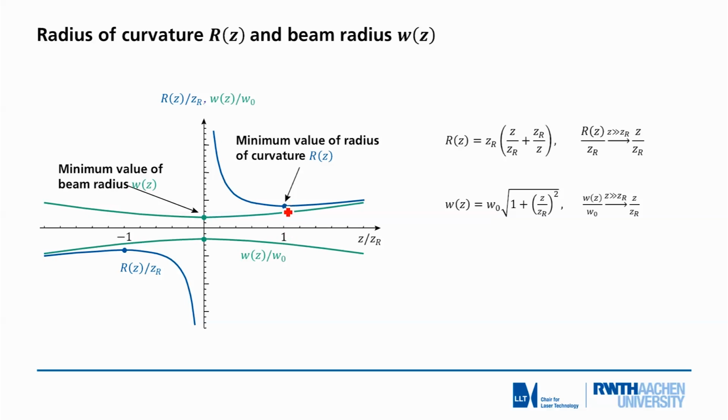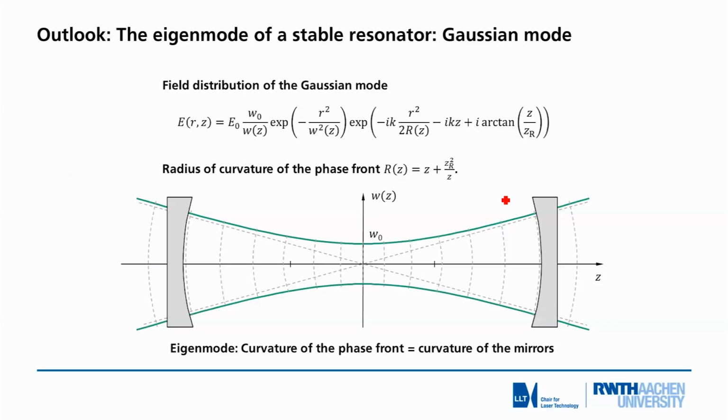So at the Rayleigh length we have a minimum radius, then the phase front radius increases again with increasing z until the limit that it becomes proportional to the coordinate itself. And for the beam waist we have this formula which we know already, also plotted here, and that decreases with decreasing z's, and with high values of z it simply scales linear as we discussed.